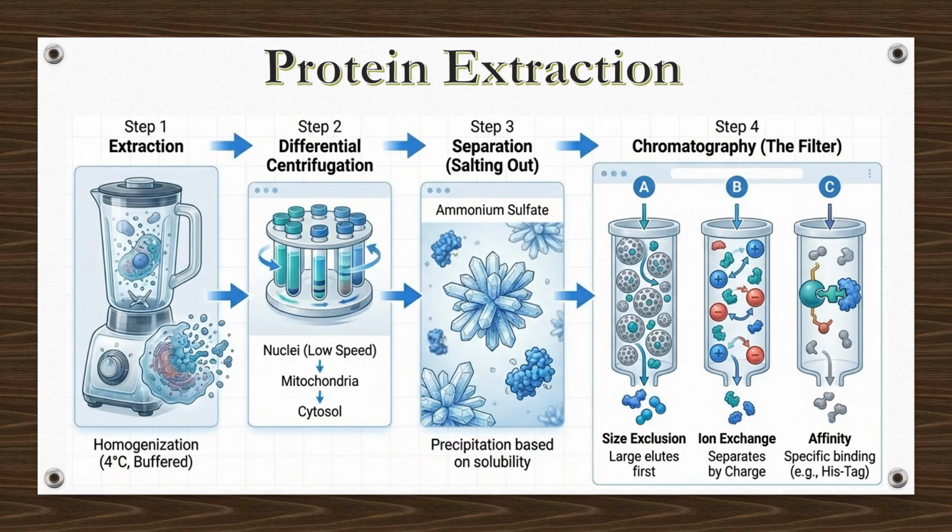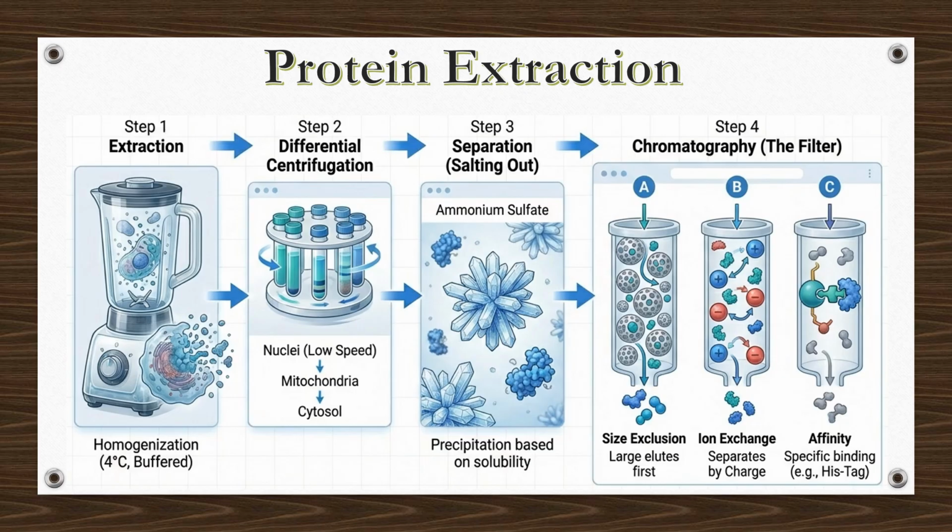Chromatography is the most versatile tool for purification. Ion exchange chromatography separates proteins by charge, binding them to charged resins and eluting with salt or pH changes. Gel filtration, or size exclusion, separates by size.